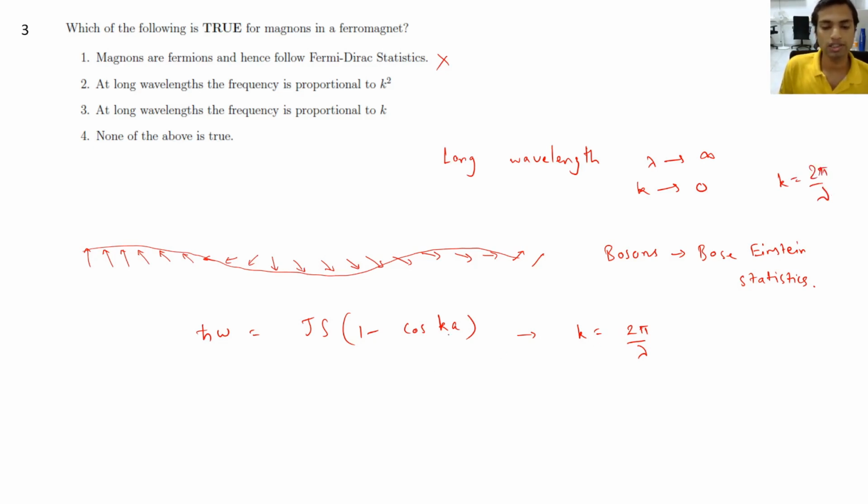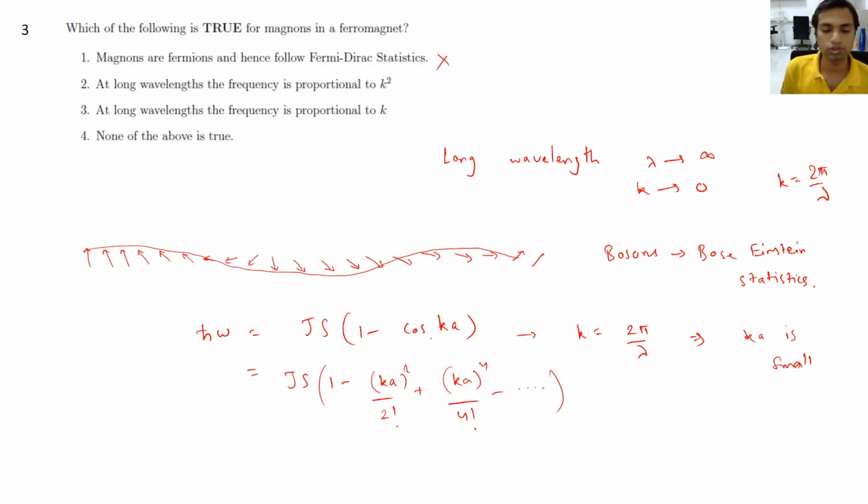So at small k, this k times a is also small. So what we can do is expand this cos ka around ka equal to 0. If we do that, it is JS times (1 minus (1 minus (ka) squared by 2 factorial plus (ka) to the power 4 by 4 factorial minus and so on).